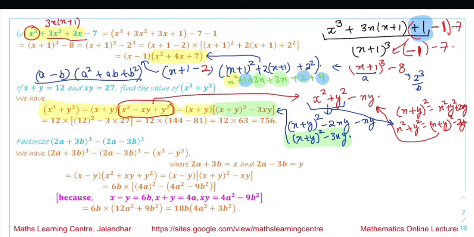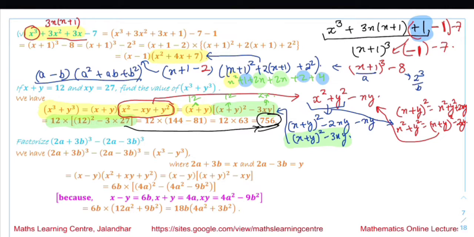Now we have the value of x plus y is 12, x into y is 27. So when you substitute these values, you get 12 into (12 square minus 3 into 27). So the final answer you will get is 756. When you solve this value, you will get the answer 756.